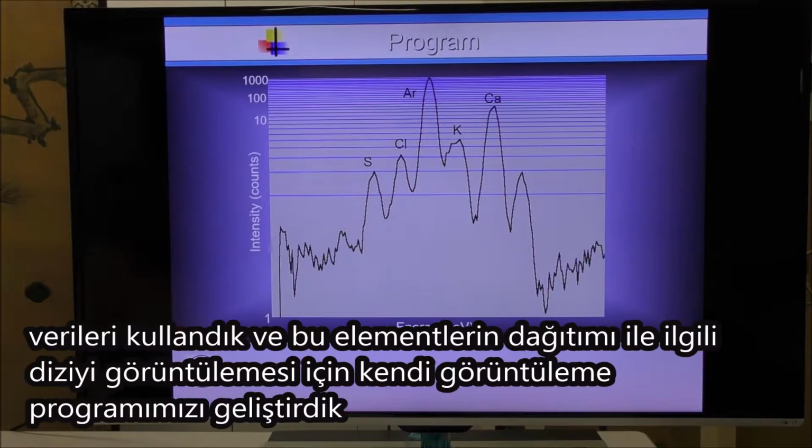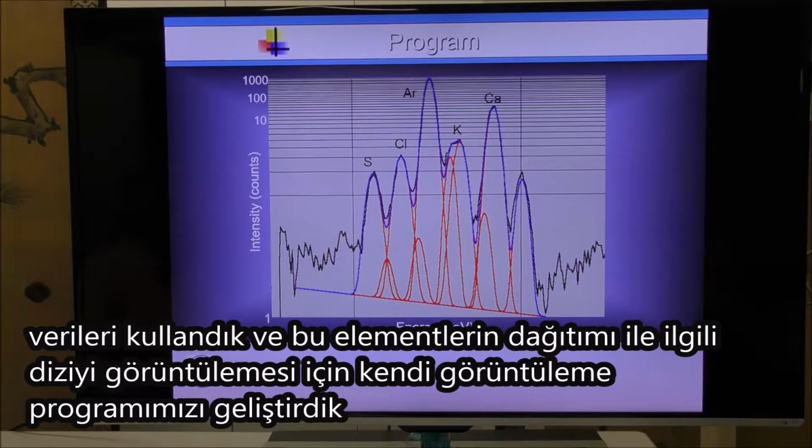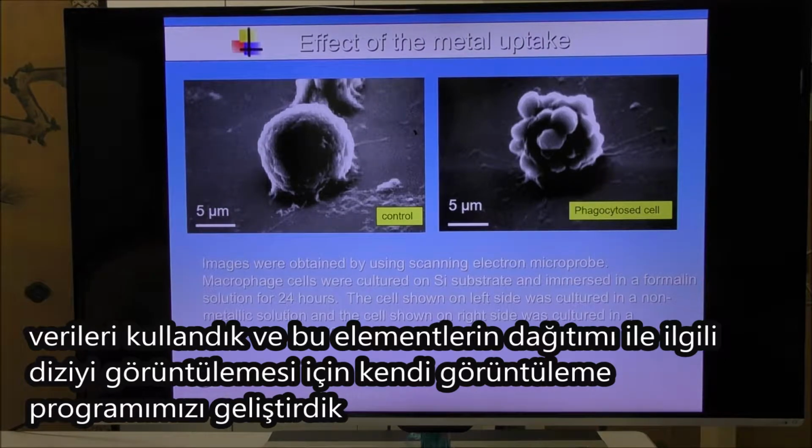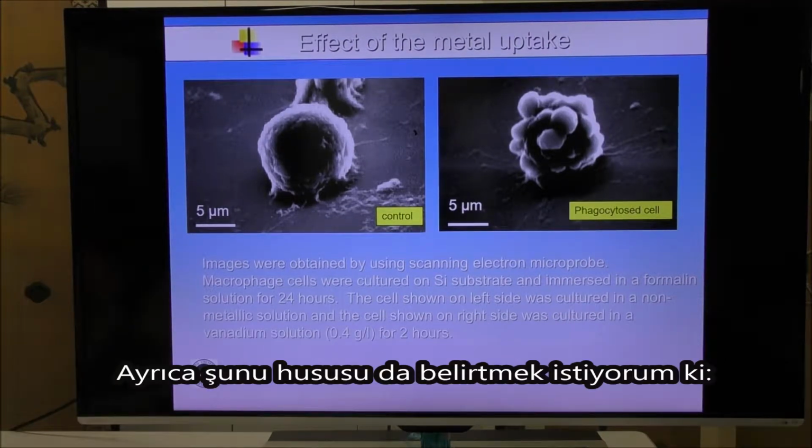And then we use these data and we developed our own imaging programs to visualize the distribution of these elements.